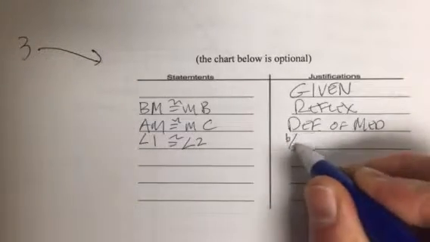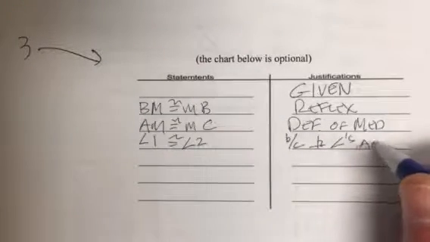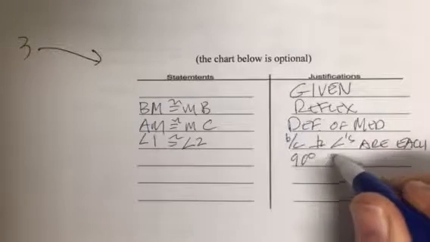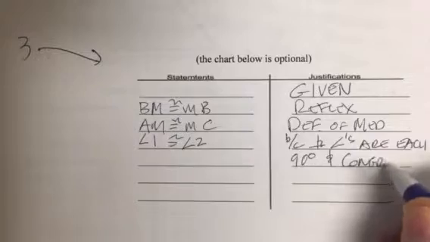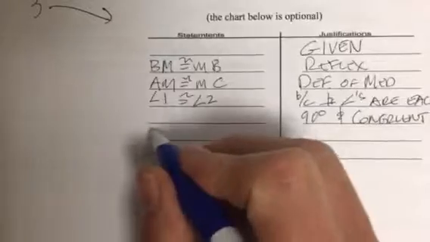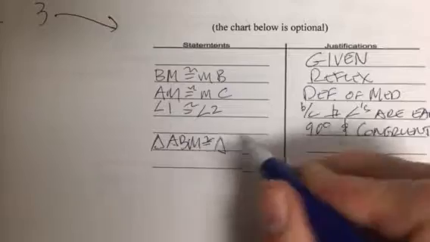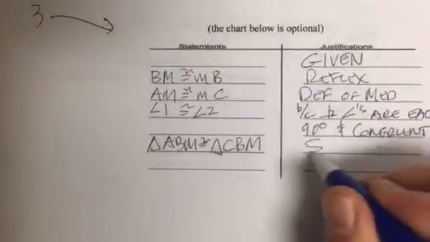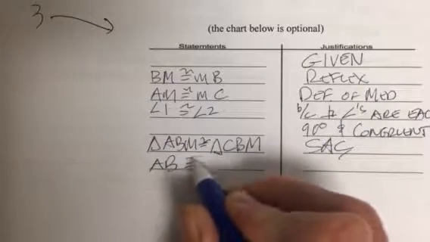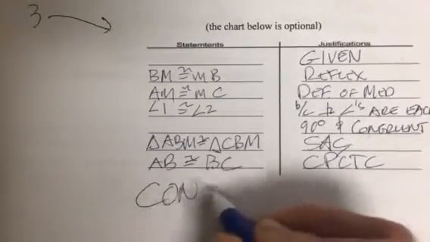And again, I'm just saving time because perpendicular angles are each 90 degrees and congruent. All right. And then the triangles. Triangle ABM is congruent to triangle CBM because of side, angle, side. And AB then is going to be congruent to BC because of CPCTC, but that's a contradiction.